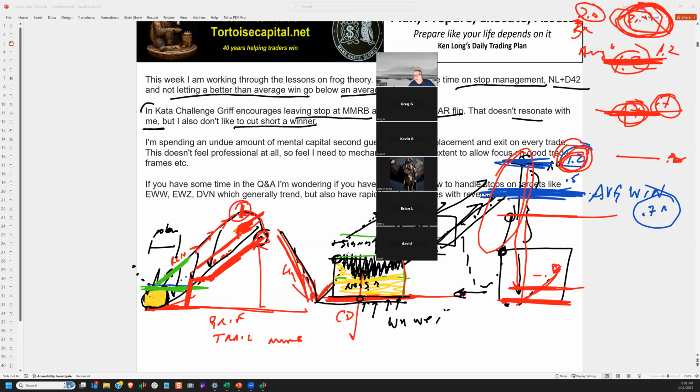What that might do is get you out inside this noise. It's possible, if you trail with the PSAR, it can get you out in the noise before that thing has had a chance to move. So you can just do the PSAR, you can do the UA. To me, the simplest one of all is just price and the PSAR. That's simple. Trailing the MMRB is simple.